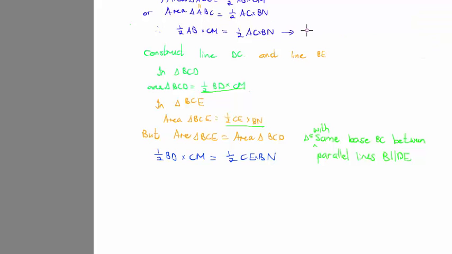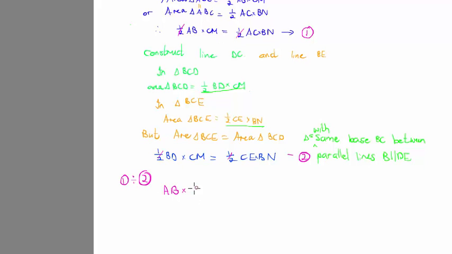Now I'm just going to name this one equation 1 because it's still just an equation. It's not simplified yet. If you want to, you could simplify it by cancelling the half on both sides, because you just multiply both sides with 2 and then the half is gone, and the same here. So you can do that, and then we call this one 2, and now I'm just going to take equation 1 and divide it with equation 2. In other words, take this side, divide it by that side, and what do I get?